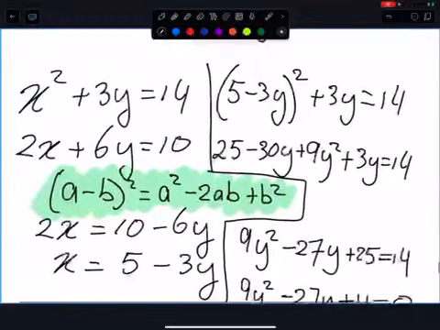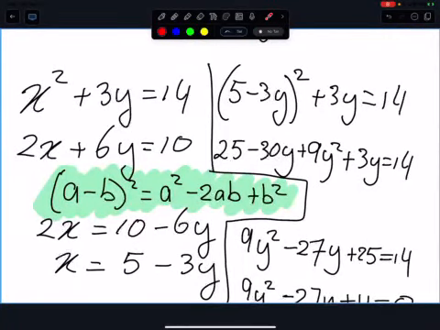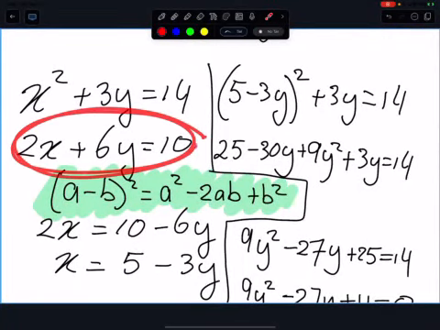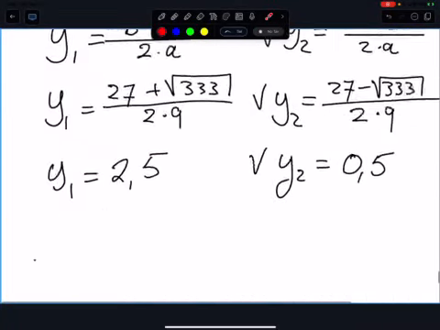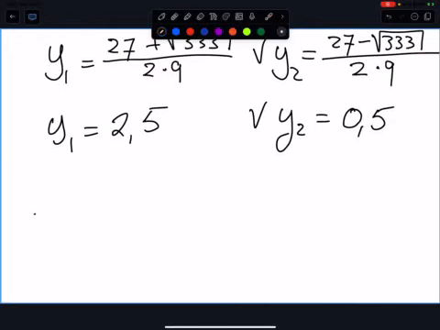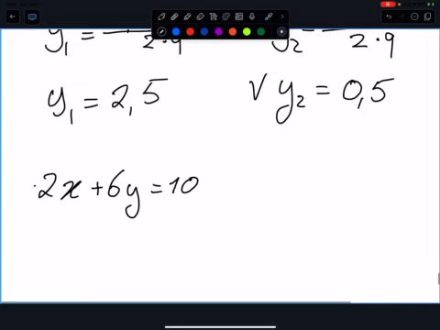So you place it back in the second one. 2x plus 6y equals 10. So which y? You use both. It doesn't matter which one. No, you use both. You have 2 x's and 2 y's.